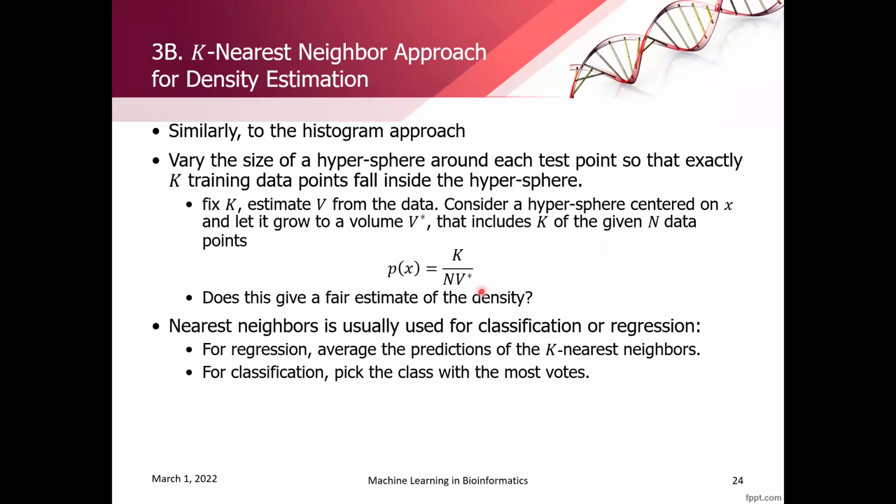So the approximation for the density will be k divided by capital N divided by the volume of the sphere containing these k closest neighbors. So if it is more dense, then the size of the sphere will be lower. Otherwise, it will be bigger.